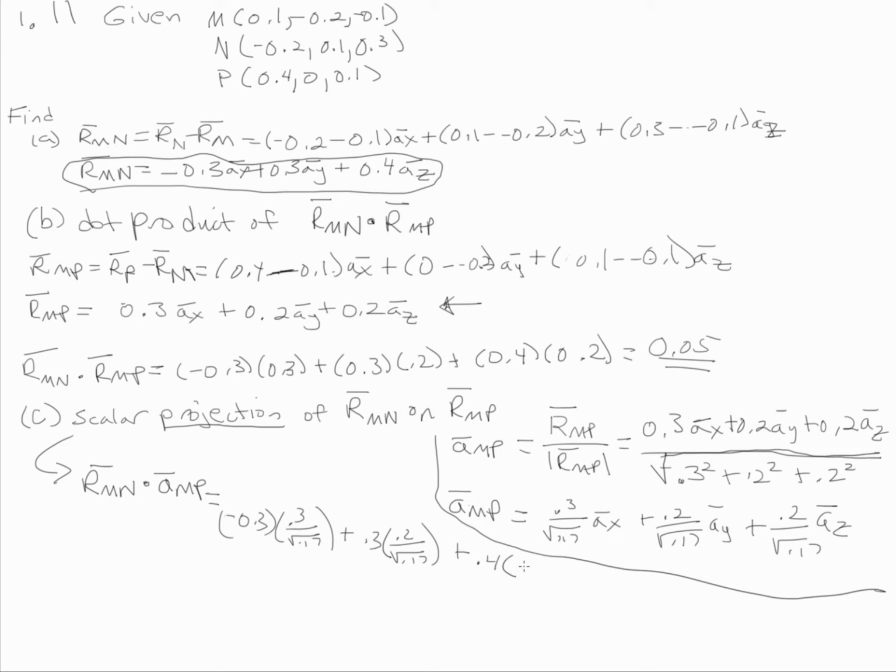So we're just doing the x, y, and z components of each vector. All right, and this comes out to be 0.121.